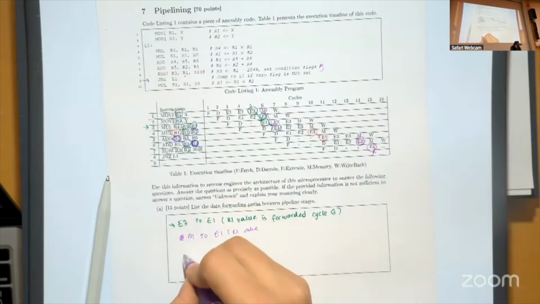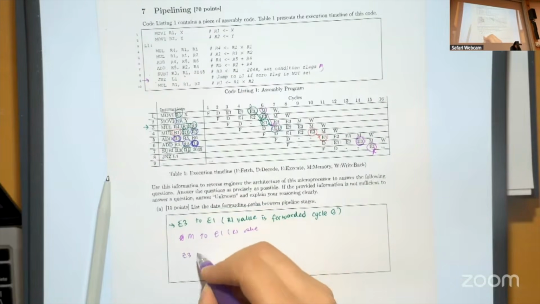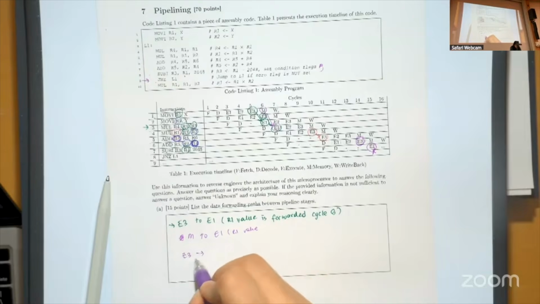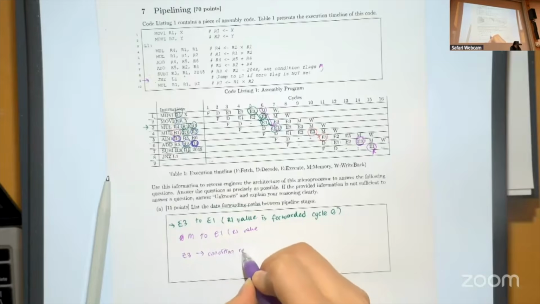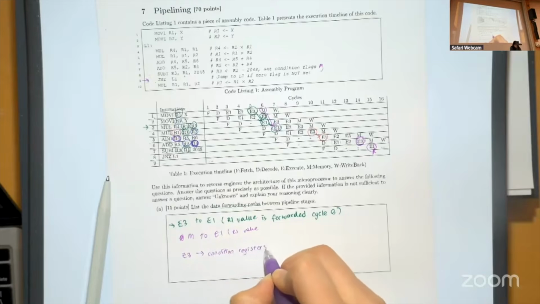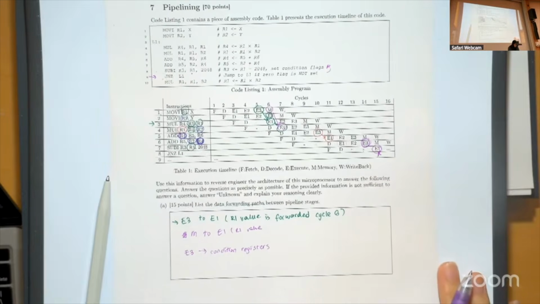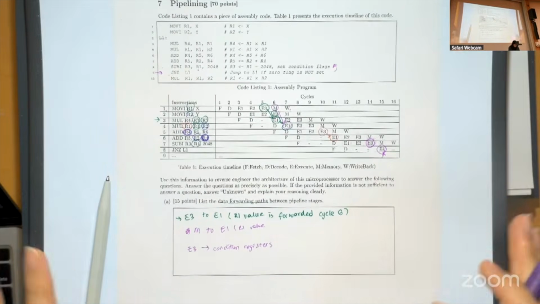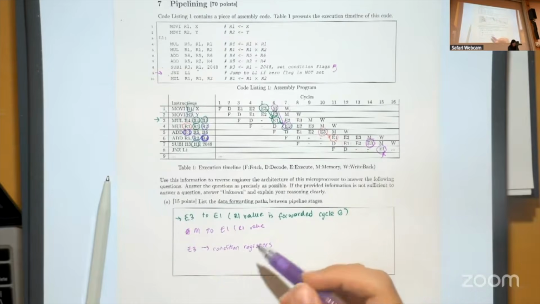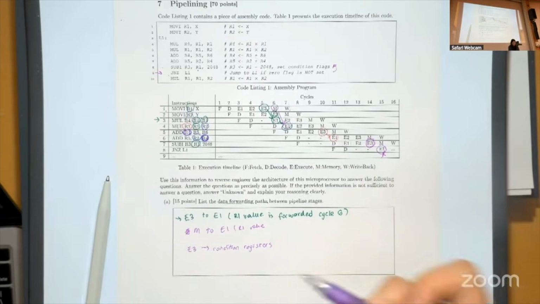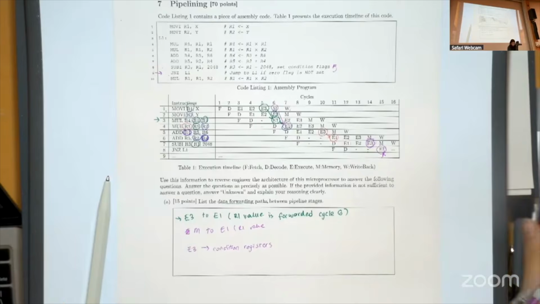And then there's one data forwarding path from E3 to condition registers. And after this point, we don't know anything else because these are the instructions that we see, and this is the pipeline or timeline that we see. If there are other data forwarding paths, you cannot understand from this timeline. So this is the correct and complete answer.